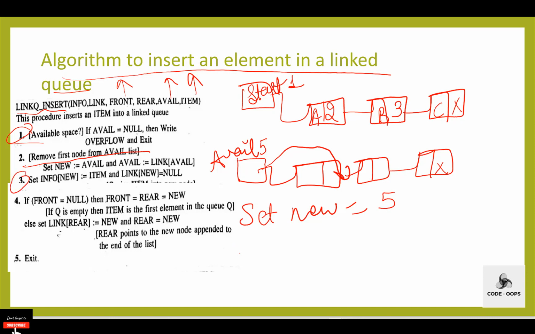The third step is set info of new is equal to item. Info of 5 is equal to item. Item is the element that we have to insert into a linked queue. Item is D. And set link of new is equal to null.